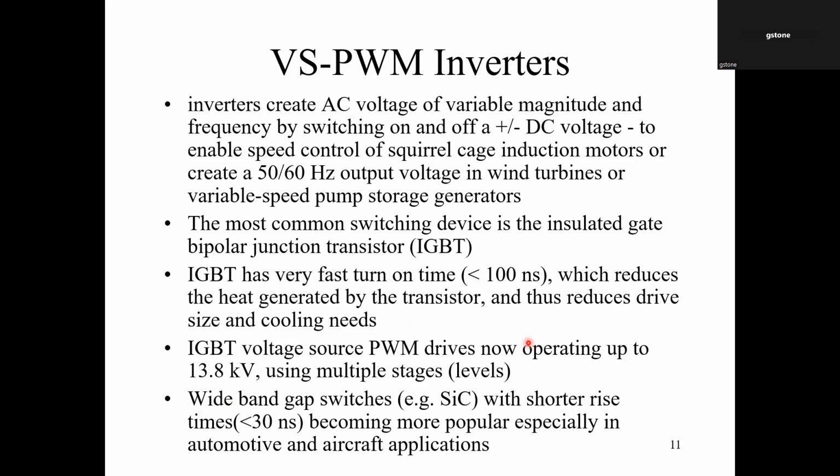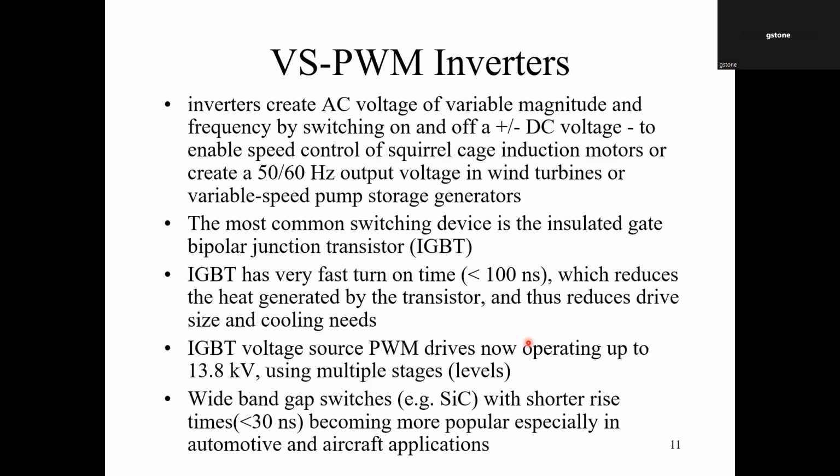In the industrial cases, so far, it's mainly insulated gate bipolar junction transistors, IGBTs or IGBJTs, which can turn on and off the DC, and by clever arranging of turning on and off either the positive or the negative DC supply, and varying the width of the pulse that you supply, you can generate a nice AC current of any frequency that you want.